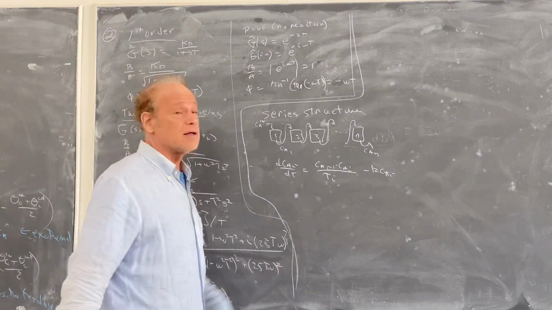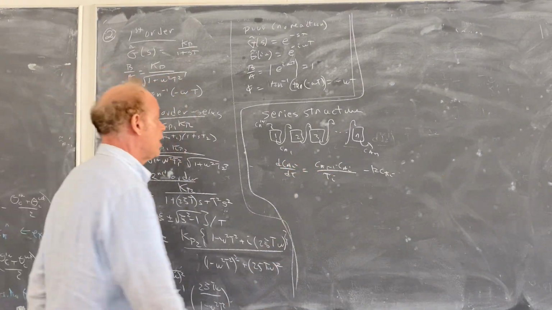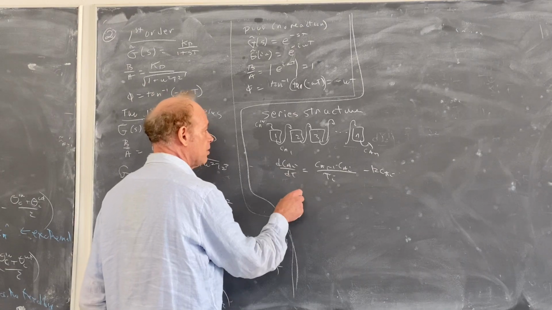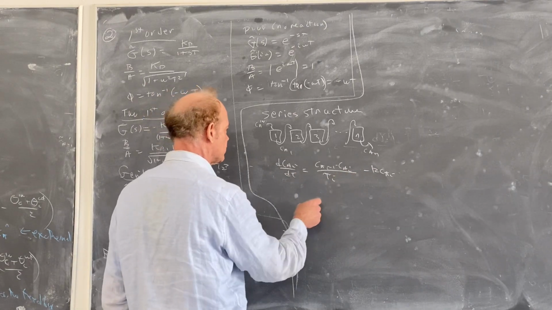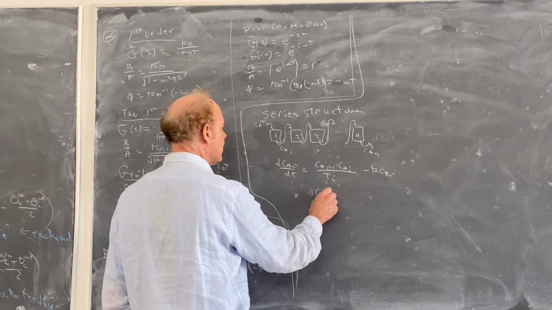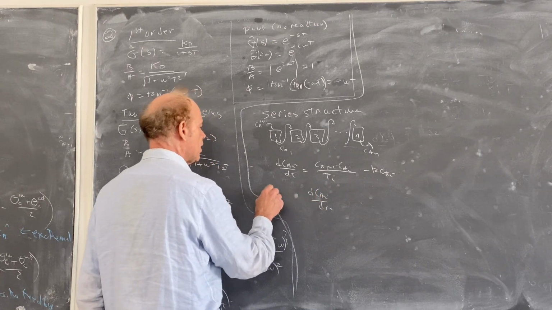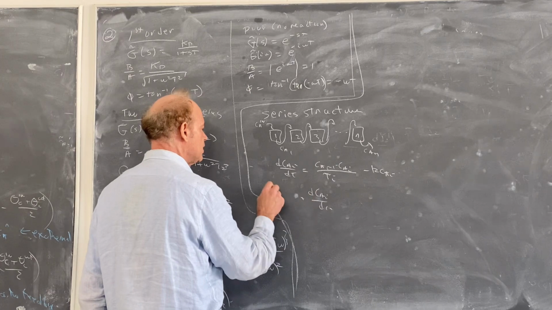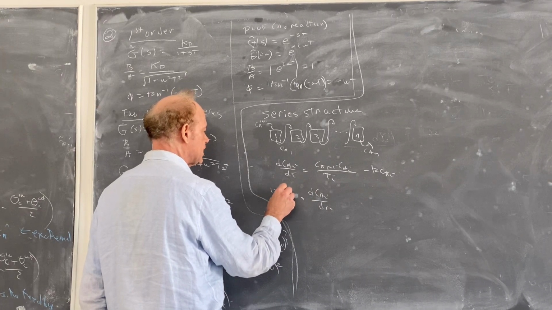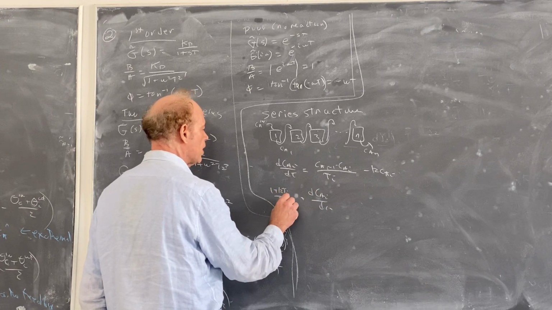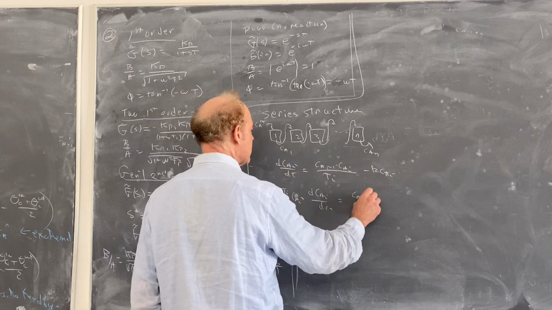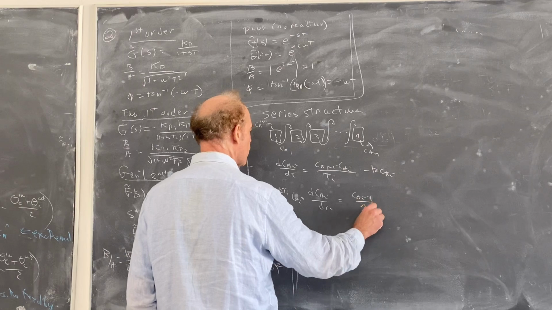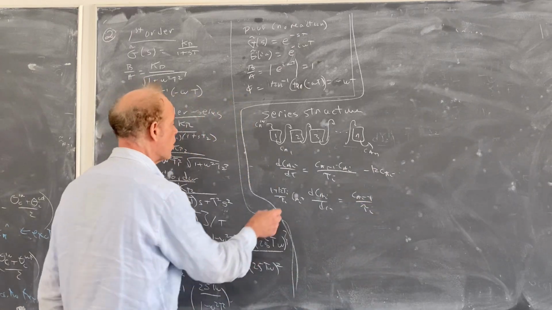And if I have a first order reaction, when we do the algebra, again, I seem to always do the same algebra 1,000 times, I have dCAI/dt plus (1 plus k tau I) over tau I times CAI is equal to CAI minus 1 over tau I.